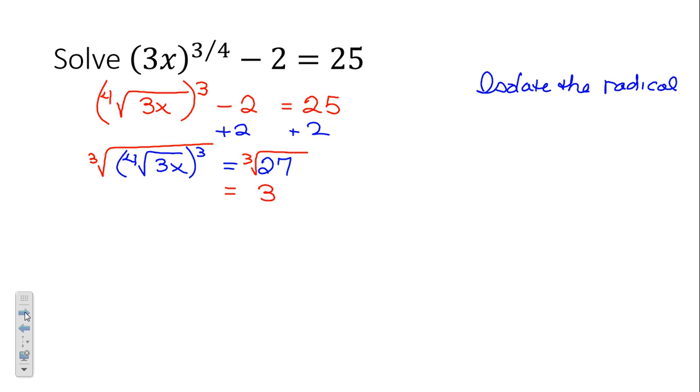And when I take a cube root of the 4th root of 3x to the 3rd power, what comes down here? The 4th root of 3x. Does everyone see why? Because this and this are going to cancel each other out. The cube root and the 3rd are gone, but we still have this 4th root of 3x to contend with.